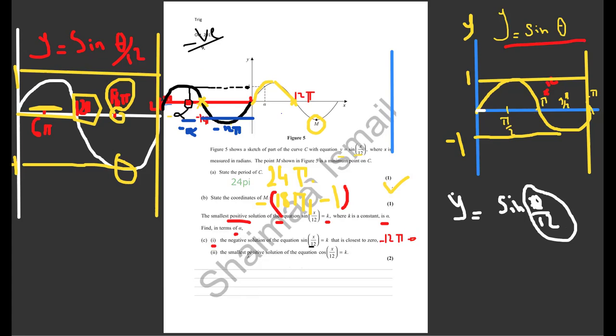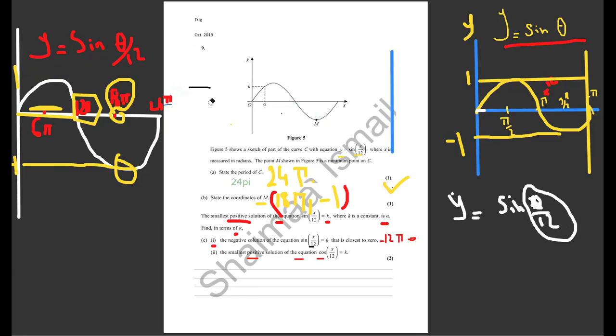And now the smallest positive solution for the equation cosine x over 12 equals k. Here we don't need this negative part anymore, we need just the positive one. Let's talk about the positive one with the cosine. Remember that any sine theta is equal to cosine of 90 minus theta. Remember this rule.